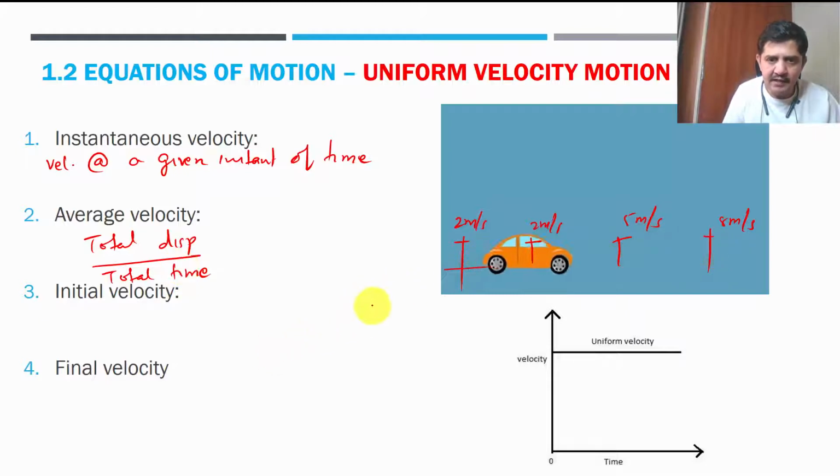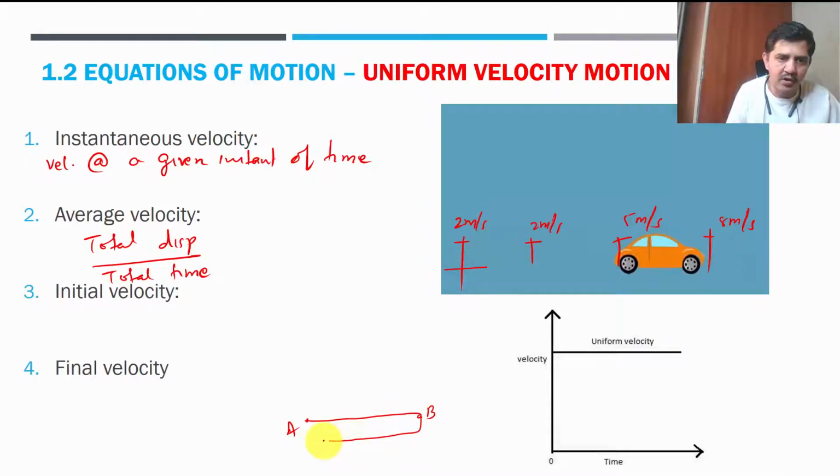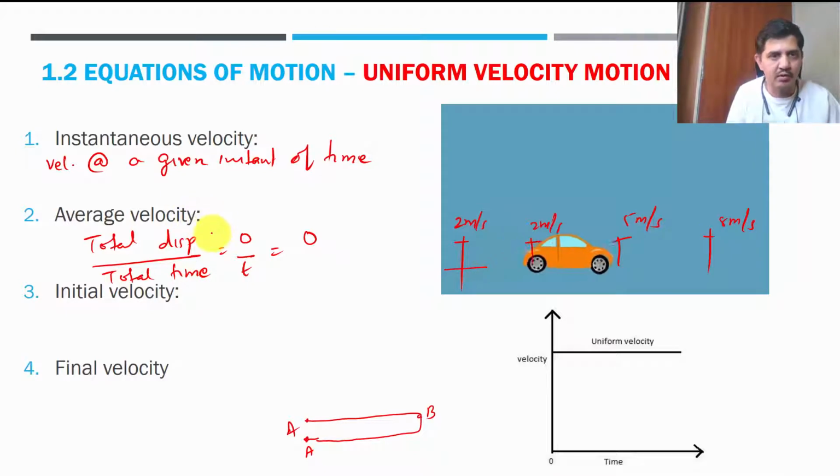Let us say a particle starts from point A, goes all the way along to point B, then takes a roundabout turn and comes back to point A. In that case the total displacement is equal to 0, and the time taken is t. So the answer could be 0. Thus average velocity can take a value equal to 0.